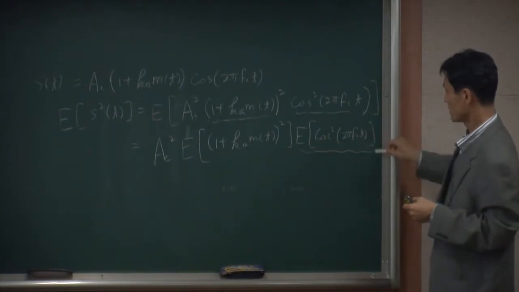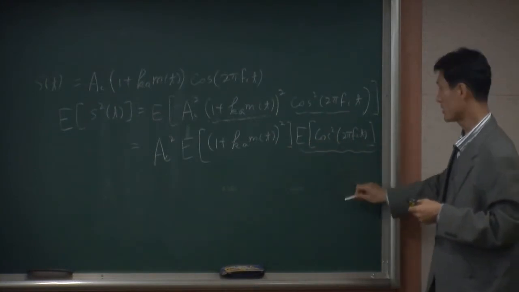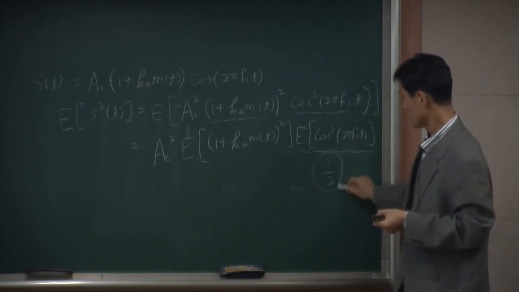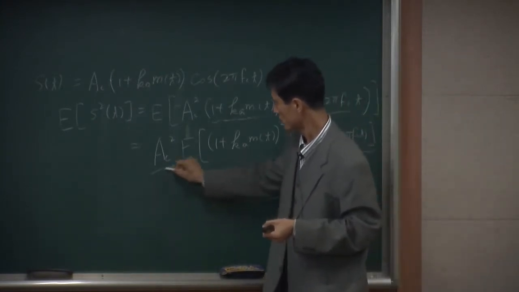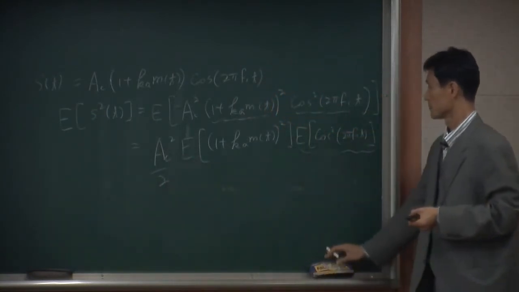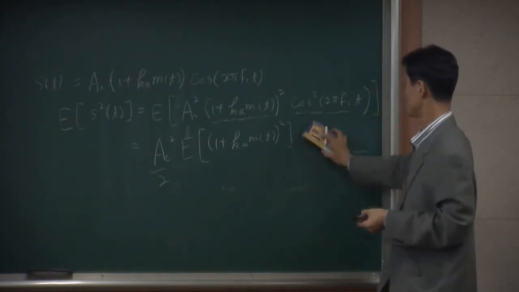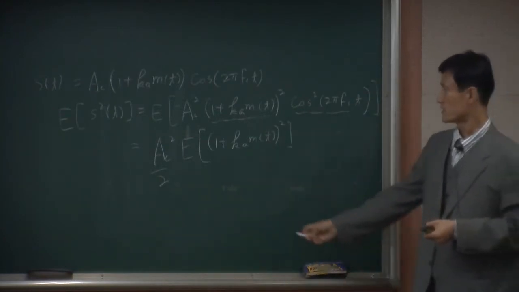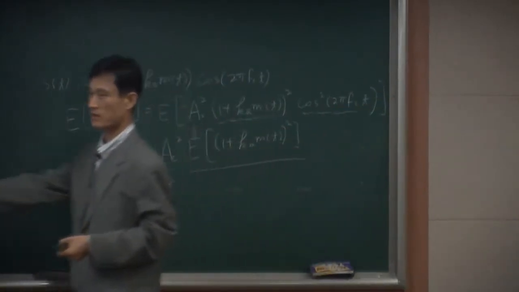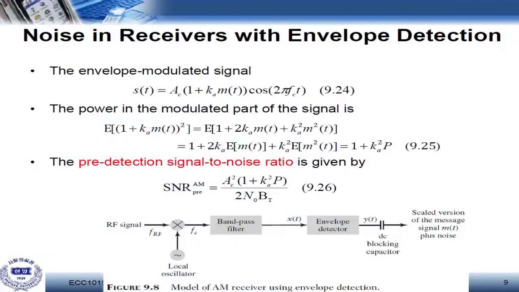We know that this one, expectation of cosine squared, eventually it's going to be 1 over 2. We know that, right? So this is again constant, bring it out. Then we're going to get this one, Ac squared divided by 2. So this is gone now. Now what is left over is this one, the expectation of this part right here. To do the calculation, we have a square here, something squared, (a plus b) squared.